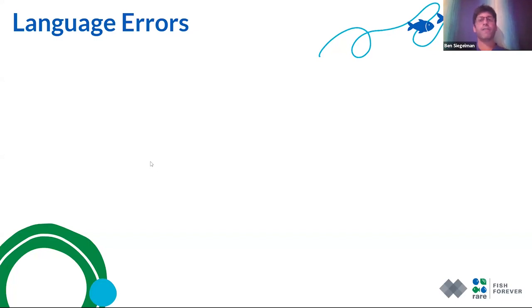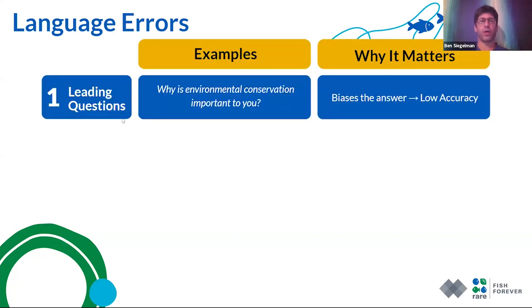So the first kind of error is a set of errors that I call language errors. This is a mistake in how we phrase the question. The most obvious one to me is leading questions. This is what happens in political polls usually. They intentionally ask a leading question to make it sound like everyone agrees with them. And then they report to the world that everyone agrees with them. This is why people hate political polls.